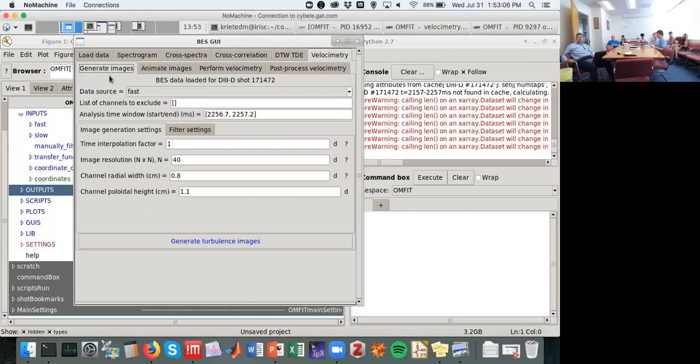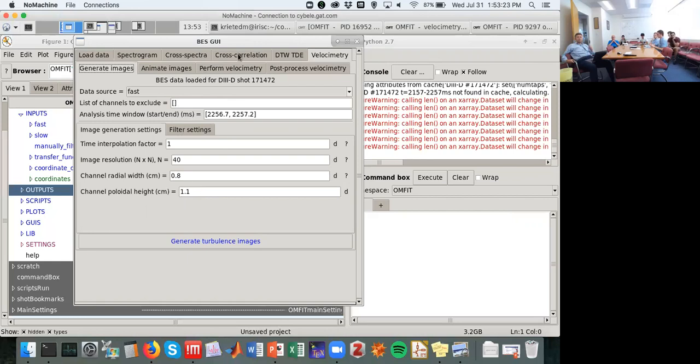Because this generation step requires a lot of time and effort and also takes a long time to run, I'm not going to show you an actual running example because it would just take too long. So I'll just briefly go over some of the steps involved.